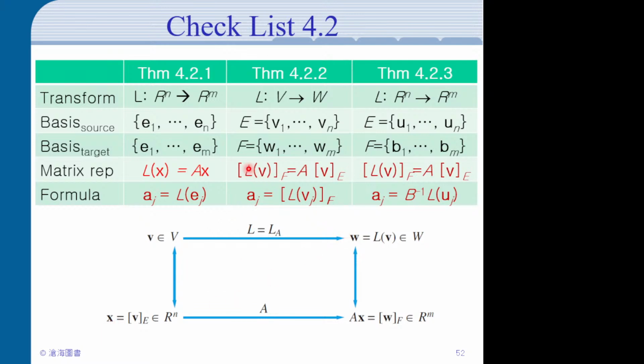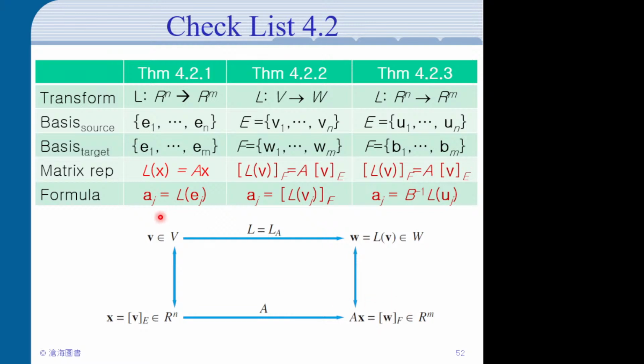So we are thinking of the coordinate of whatever vector v. So start here: whatever vector v here, you go to Rn and it has a coordinate, and that coordinate will map to some other coordinate.